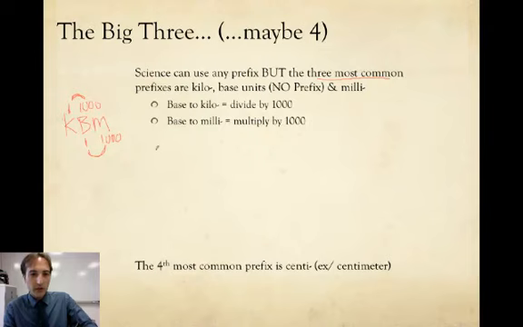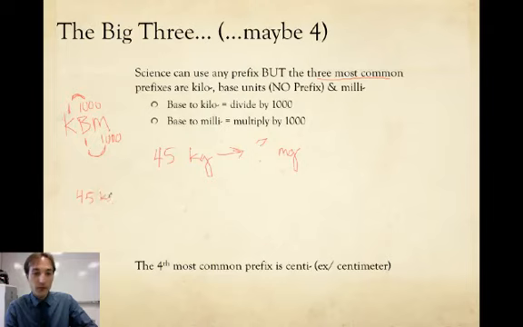So let's say that you have 45 kilograms, and we want to know how many milligrams that represents. So what I know is I have 45 kilograms, and I need to get to milligrams. Based on this little setup here, I'm going to need to go from kilo to milli.